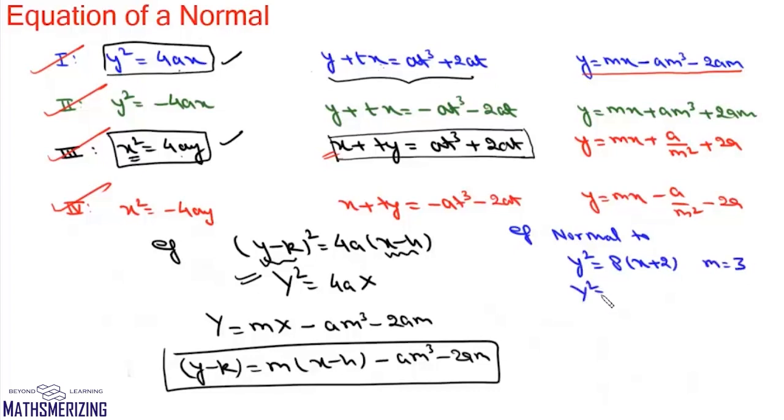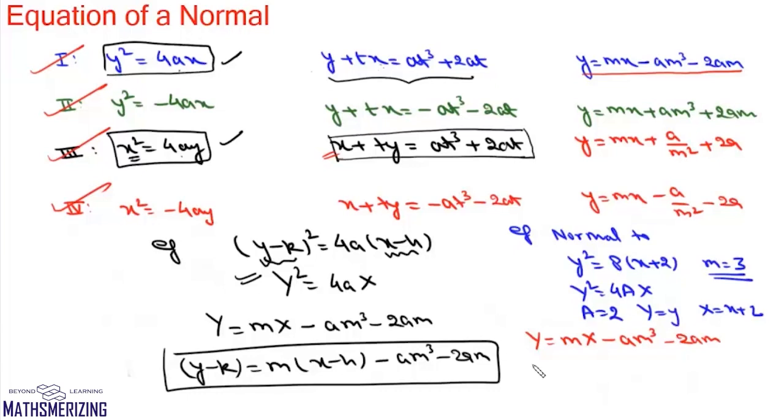We can write capital Y² equals 4a capital X. Now here a is 2, capital Y is equal to small y, and capital X is x plus 2, and the value of m is 3.